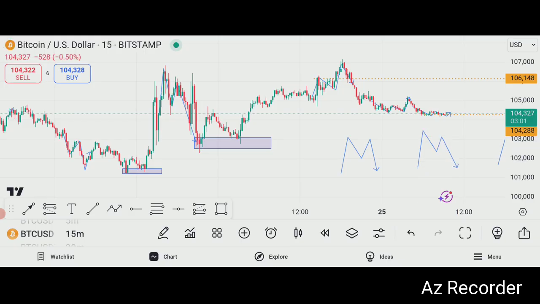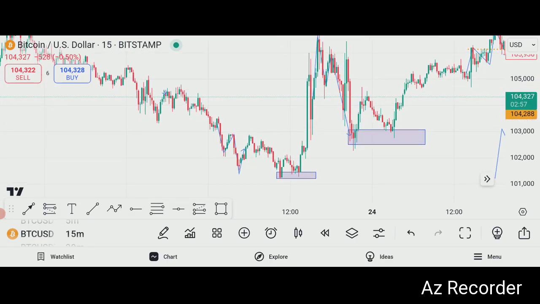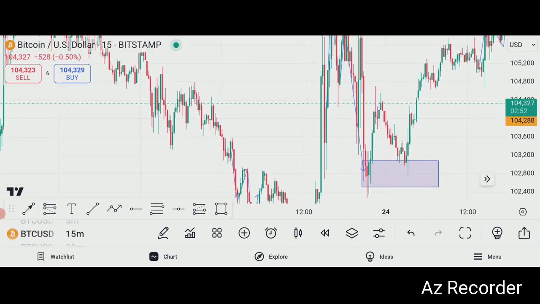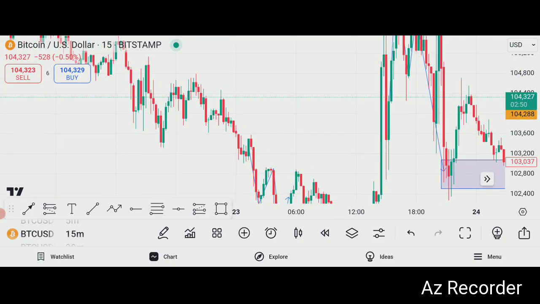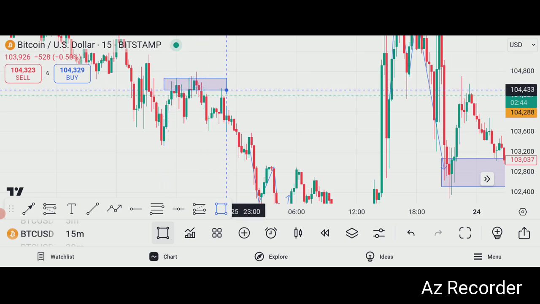Now let me look for a perfect M for you guys. This is one. This is a perfect M right here, a double top.